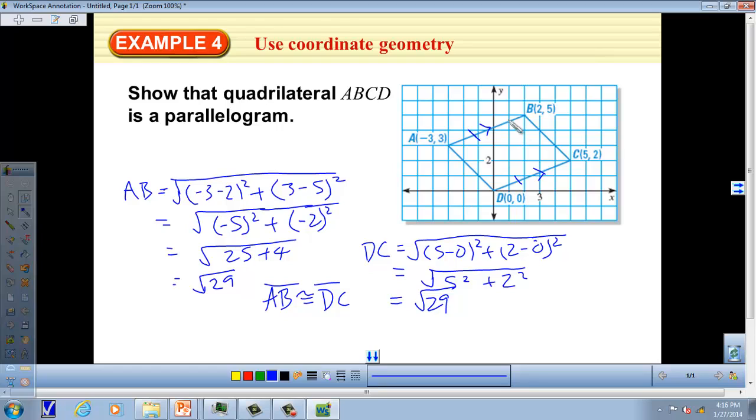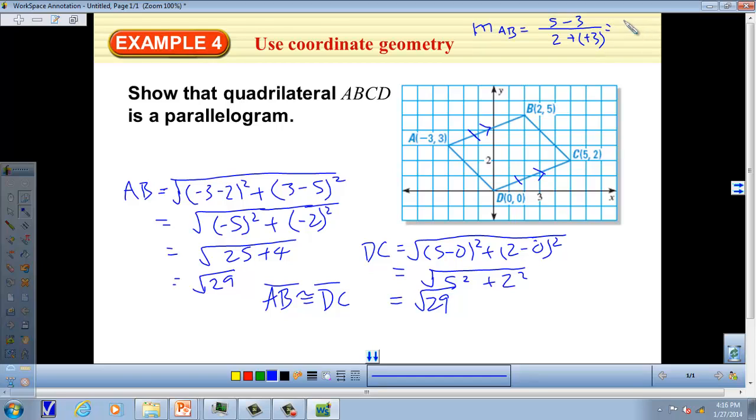Now we want to prove that those lines are parallel as well. I'm kind of running out of room here, but I'm going to do it up here. The slope of AB is y sub 2 minus y sub 1, so that would be 5 minus 3, and for the other one it would be 2 minus a negative 3, so that gives us plus a positive.